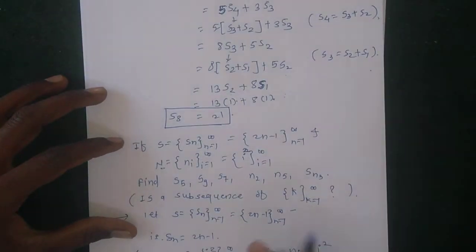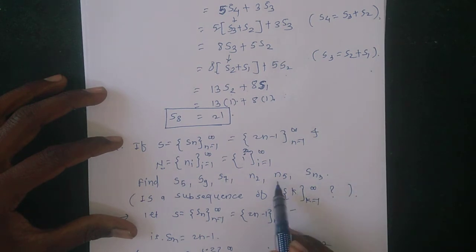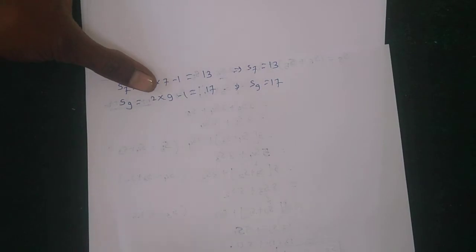Then the next elements to find are N2, N5 and SN3.